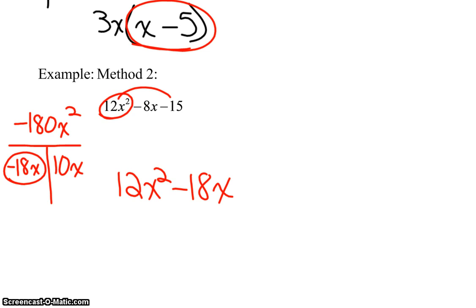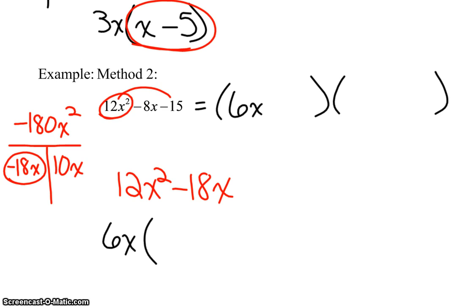Now let's look at that and see what they share. What these happen to share is a 6x. So I know one of my factors is going to start with a 6x. I don't know what the other part of it's going to be, but I can get my second binomial. When I factor 6x out of this problem, 6x goes into 12x squared, 2x times. 6x goes into negative 18x, negative 3 times.